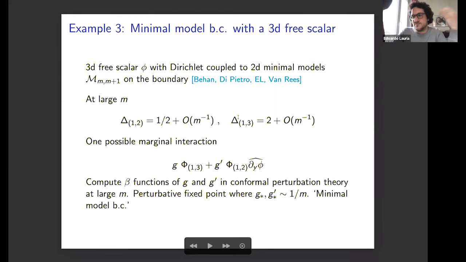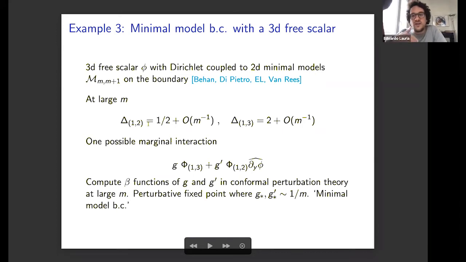There exist diagonal minimal models, and at large M, each of such minimal models has a Virasoro primary labeled (1,2), which has dimension 1/2 plus large M corrections, and another operator called (1,3) with dimension 2 plus large M corrections.